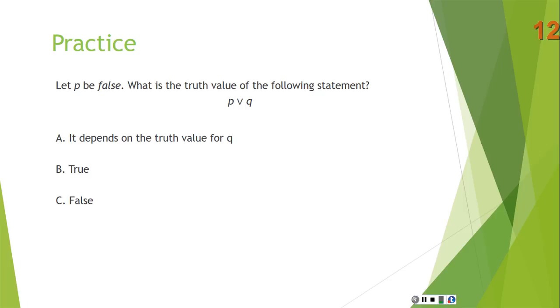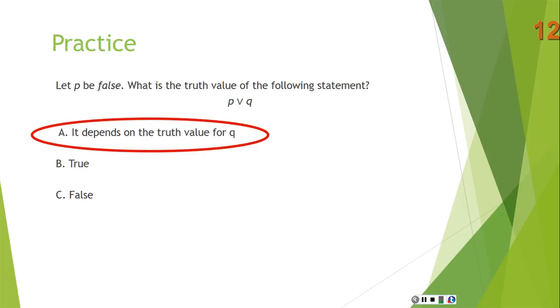Okay, let P be false. What is the truth value of the following statement? Does it depend on the truth value for Q? Is the whole statement true? Is the whole statement false? It depends on the truth value for Q. If you look at the truth table for the disjunction, you'll see that at least one of them needs to be true in order for the statement to be true.